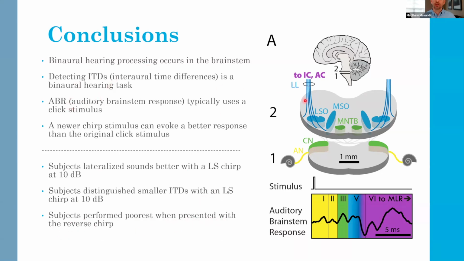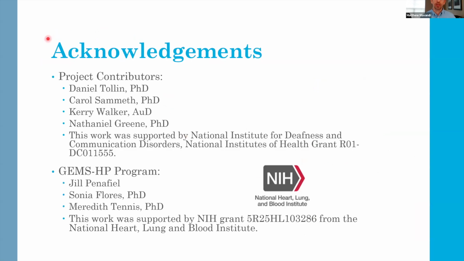Again, I want to reemphasize that the sound is being processed in very complex binaural hearing, and hopefully with the chirp, we're able to evoke a larger auditory brainstem response and get a better BIC in the correlating studies.